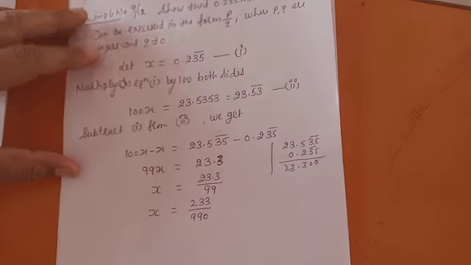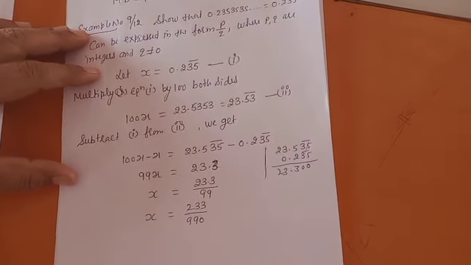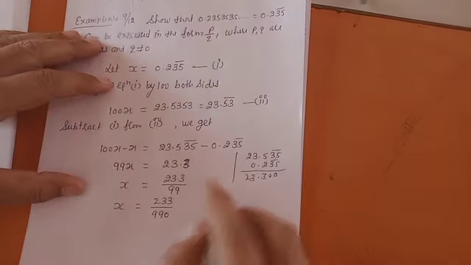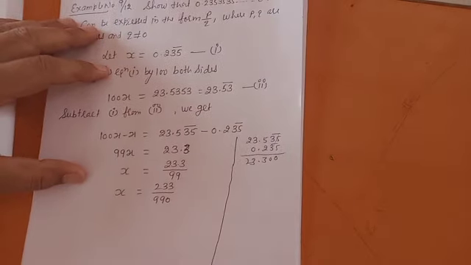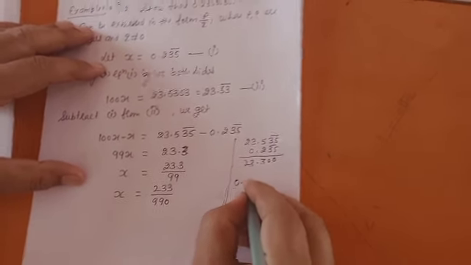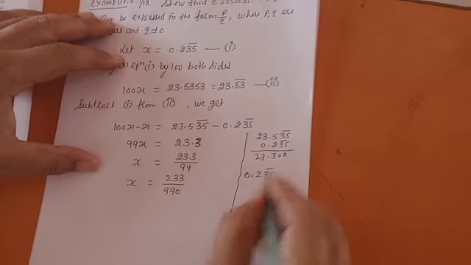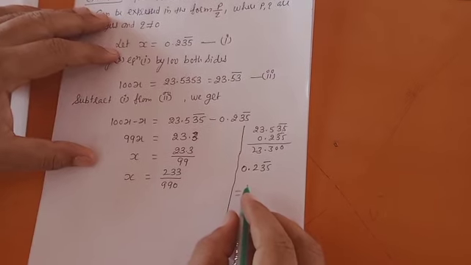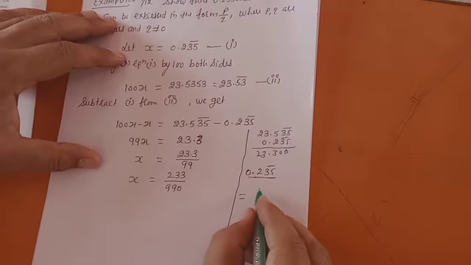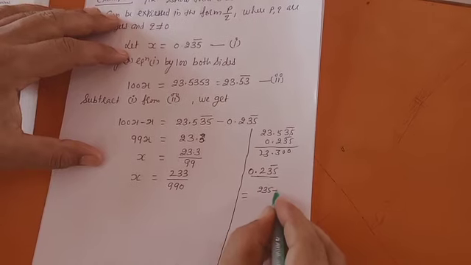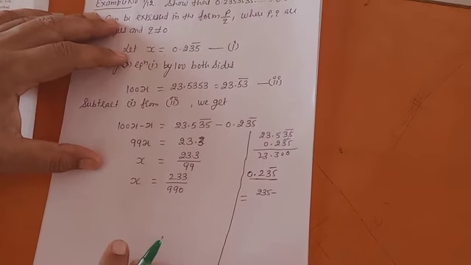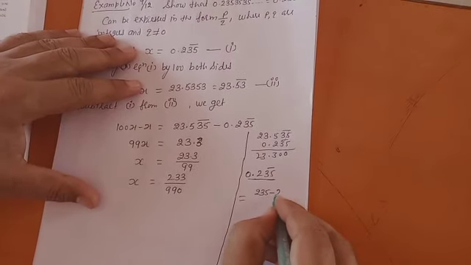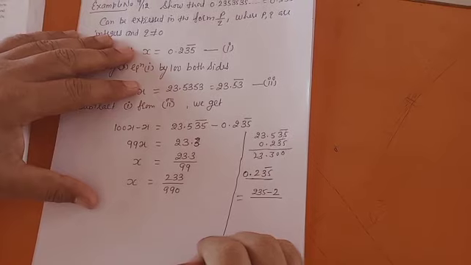Understood? This is the way of solving an example. There is another method also, which I am telling you. Like this, it is written 0.235 bar. Express in the form of p by q. You write the complete number 235 minus the digit on which the bar is not, that is 2.